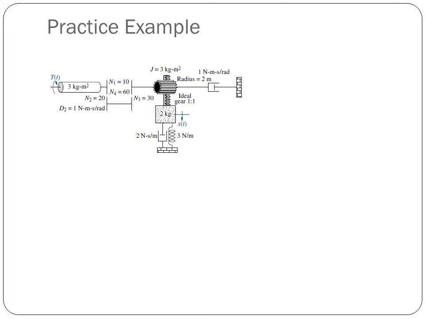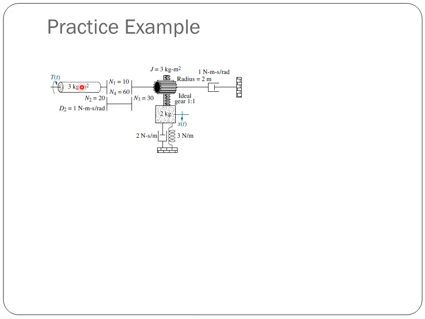You can see that we have a gear here, actually double gear, for example N1, N2, N3, N4. At first we have to have a clear idea about this gear.